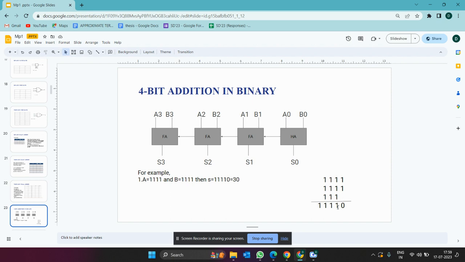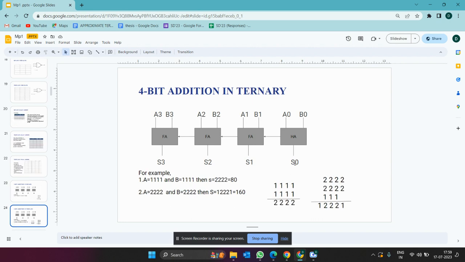So again we add and we get 1 as the carry and the remaining as the sum. And this is the ternary addition. This is the same as the binary addition. There is no difference in both the additions, but the 2 is in between, that's it.